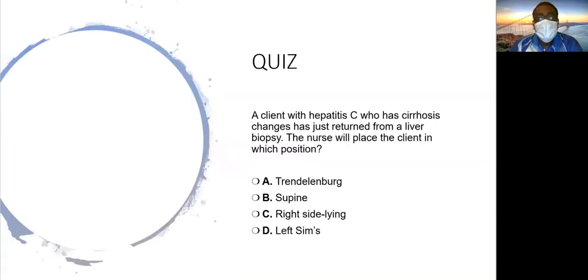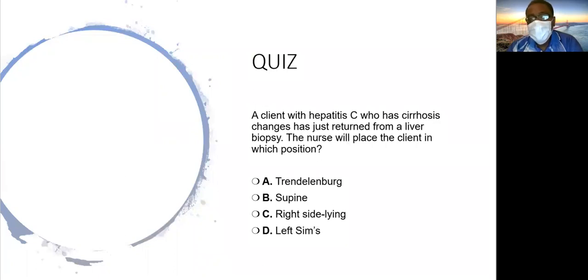Okay, another quiz. A client with hepatitis C who has cirrhosis has just returned from a liver biopsy. The nurse will place the client in which position? Again, when we talk about positioning in the NCLEX, you don't need to cram all of the positions. You just need to understand what you need to achieve by putting this patient in this position or that position.